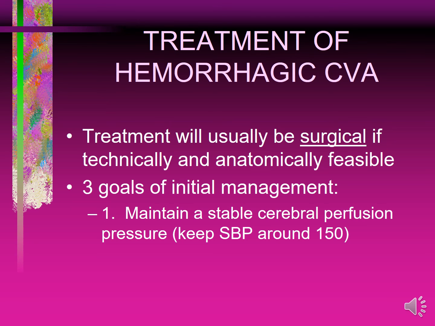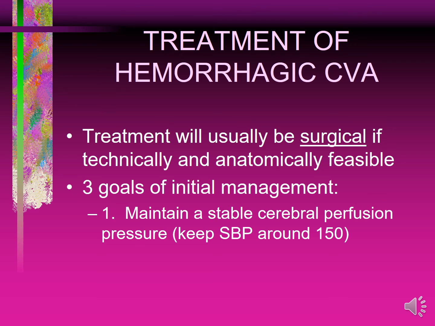And the three goals of the initial management are going to be to maintain a stable cerebral perfusion pressure. And the cerebral perfusion pressure is a calculation that's done between your systolic blood pressure and your mean arterial blood pressure, but basically it involves keeping your systolic blood pressure around 150.